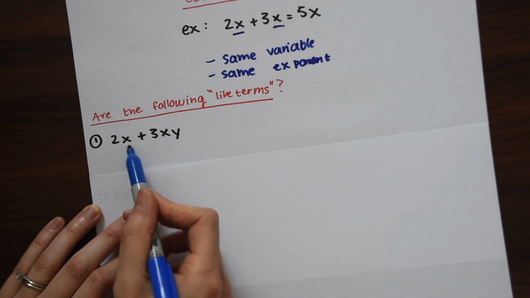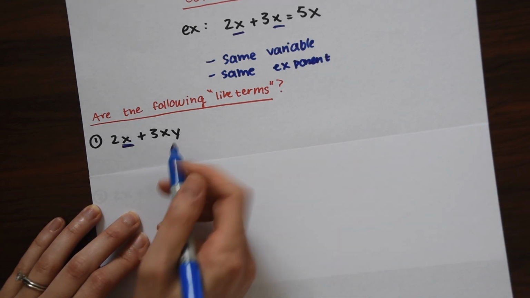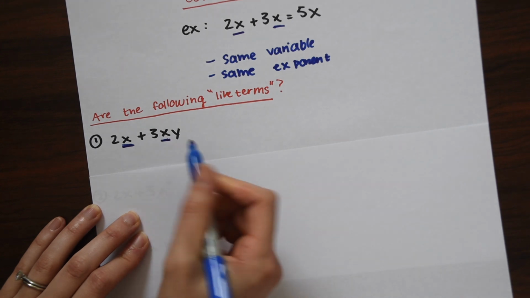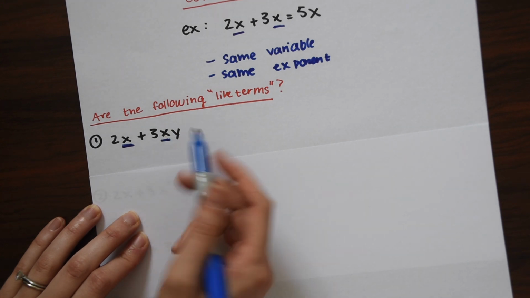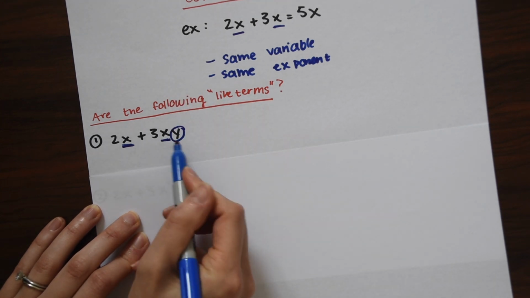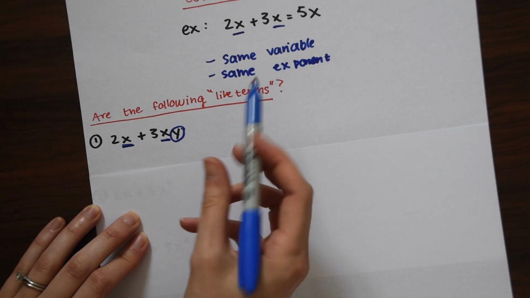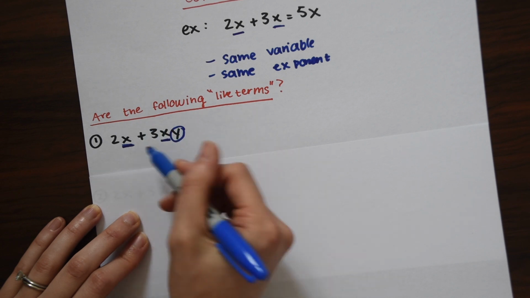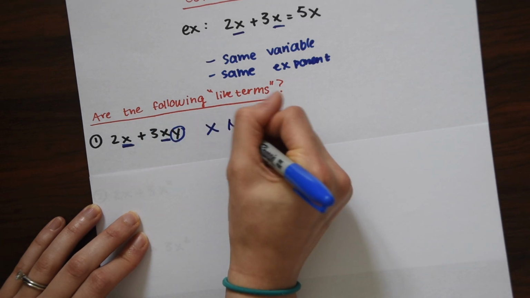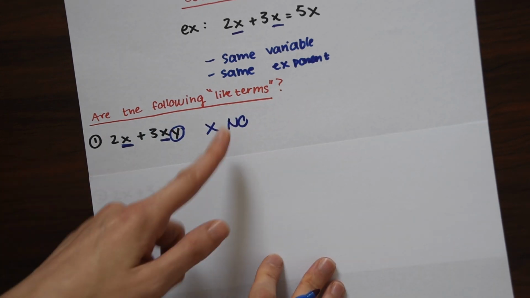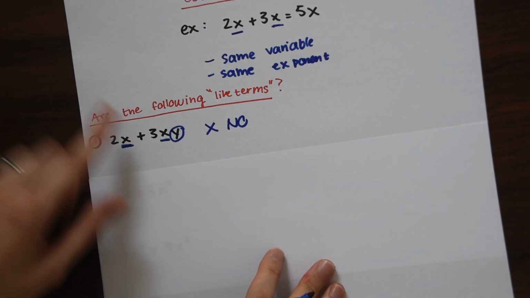Notice 2 is being multiplied by x, and now 3 is being multiplied by x, but it's also multiplied by y. Because that y is there, it's not the same, and these are not considered like terms.